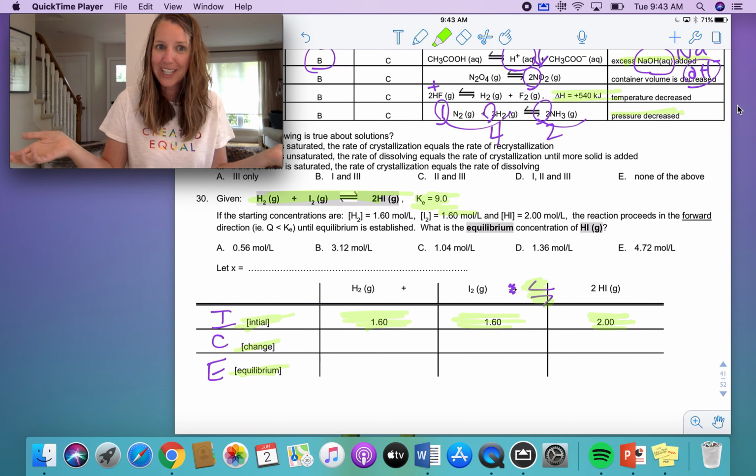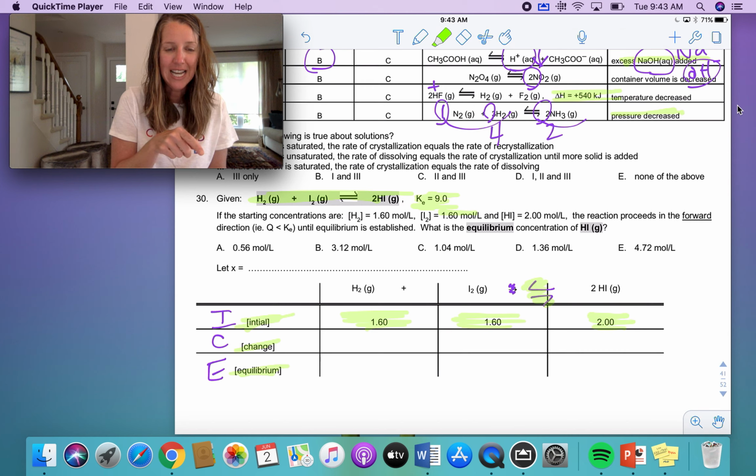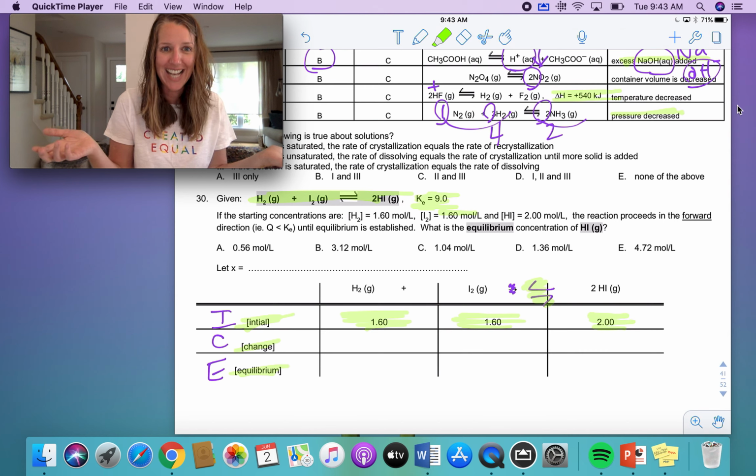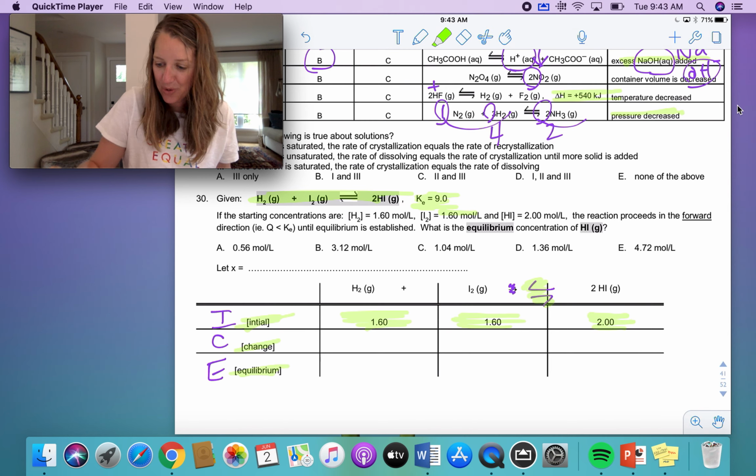In that case, it's really easy to figure out which way the equilibrium is going. Is it proceeding in the forward direction or the reverse direction? If you don't have any of one of the gases, then you clearly can tell that. But if you're given all the gases, like in a question like this, well, then you need to be told which way it's going. So we're told in the question that the reaction proceeds in the forward direction.